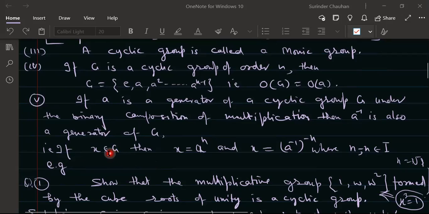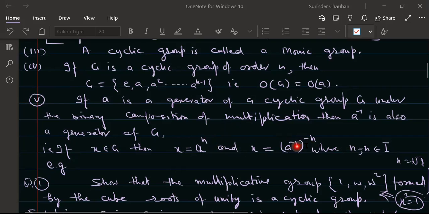That is, if x belongs to G and a is a generator of G, then x can be written as a to the power n, where n is the order. Then x can be written as a to the power n, and also as a inverse to the power -n. So n and -n are both valid exponents, which means a cyclic group can have more than one generator.